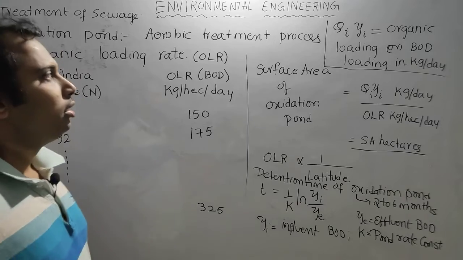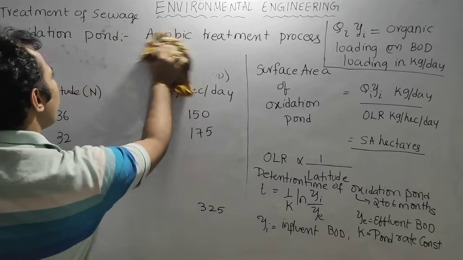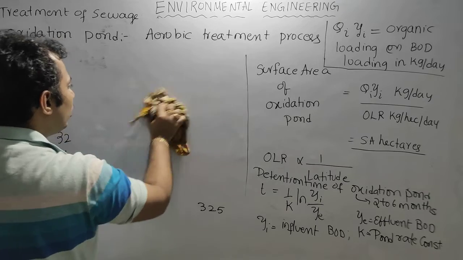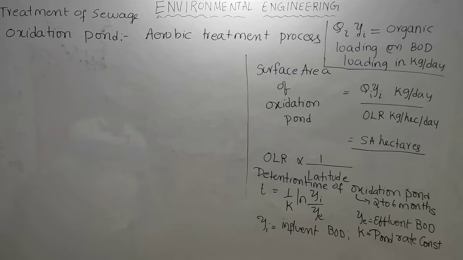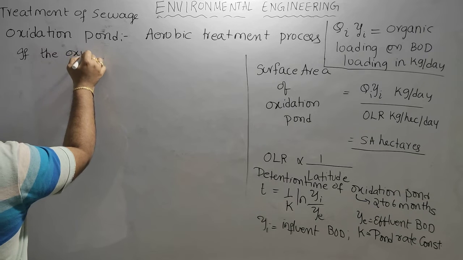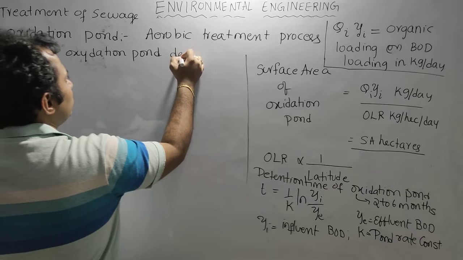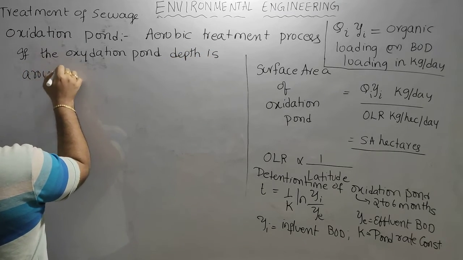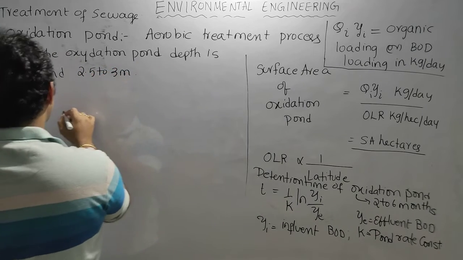If you look at an oxidation pond where the depth of the tank is more than 2 or 2.5 meters, the sunlight can only penetrate up to a small depth.